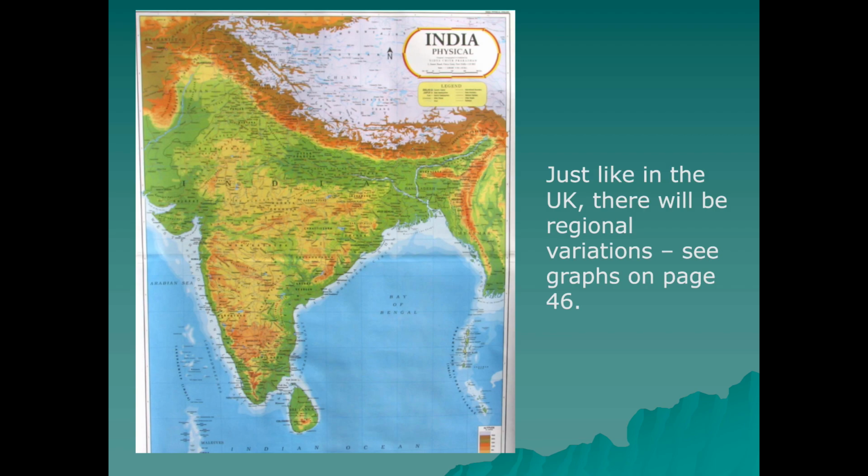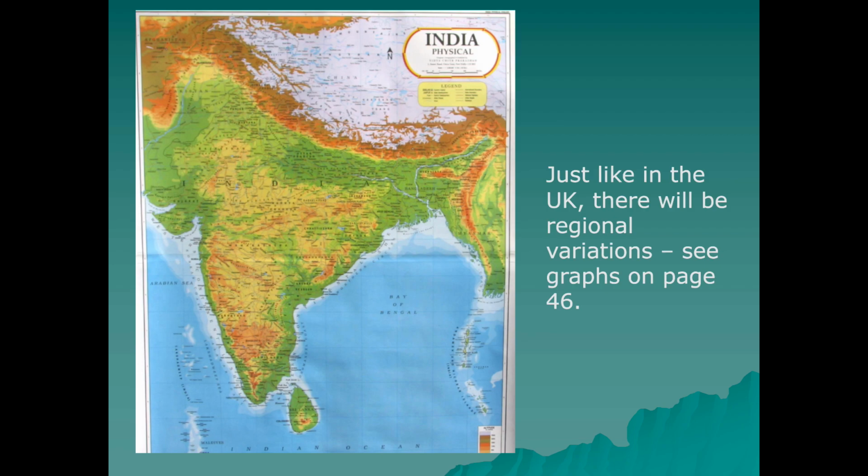We talked about how there'll be variations between coastal and inland places and all of those kinds of things. Well, it's just the same for India. Not everywhere in India is going to have exactly the same experience of the tropical monsoon.